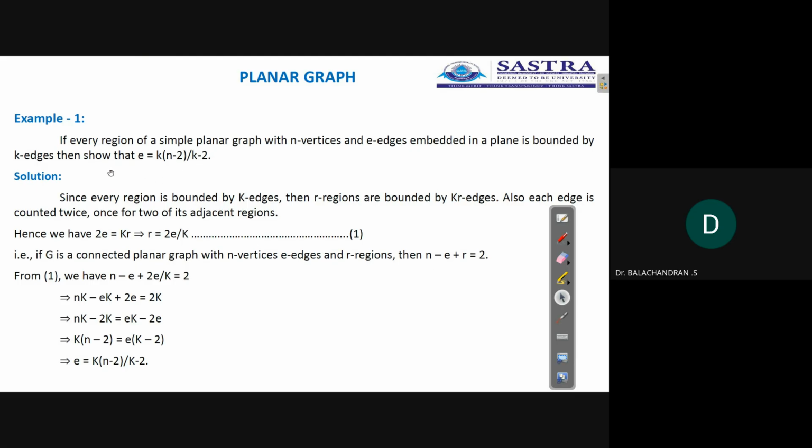Here it is given: a simple planar graph with n vertices and e edges, embedded in a plane, where every region is bounded by k edges.